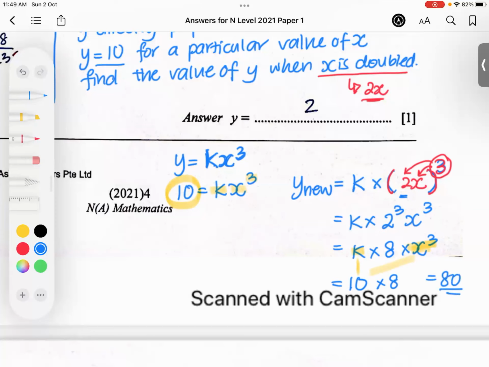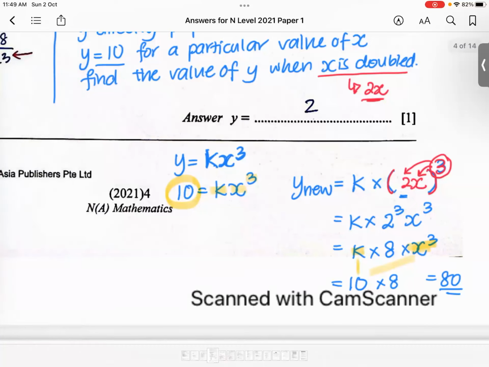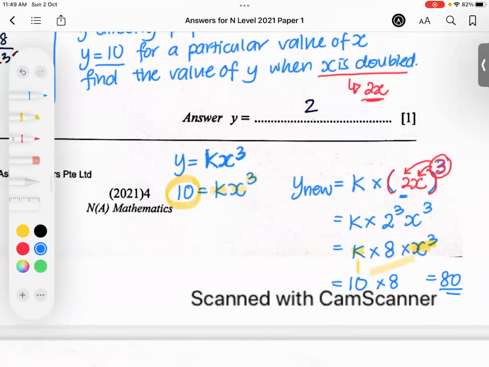Okay, so for this kind of question, please take note, make sure you remember how to do it. Technically the effect is when you have something that is doubled, you times 2, but remember 2 has a cube to it. So technically speaking, the shortcut, you can just take the original value times 2, since they say double.